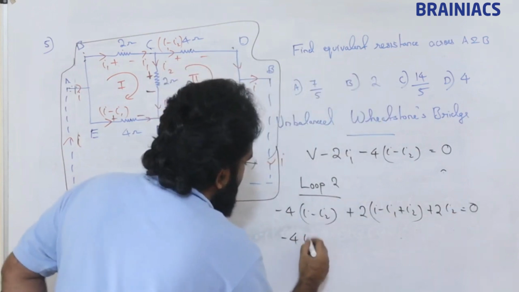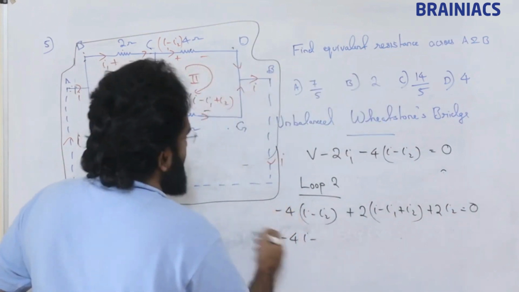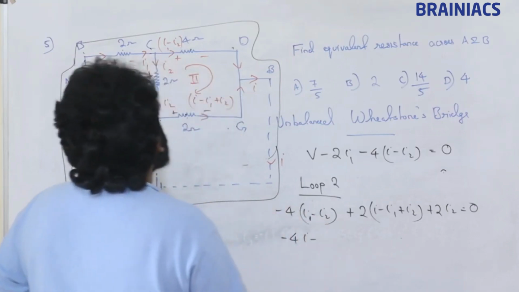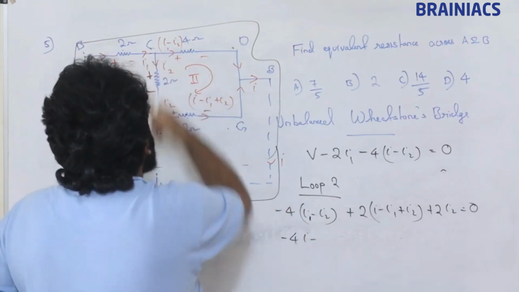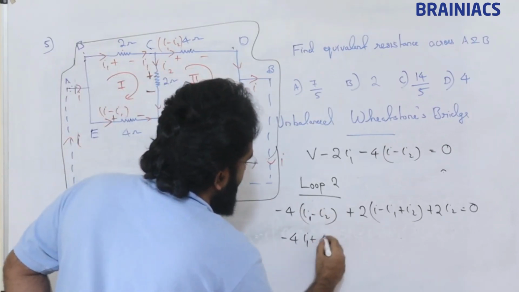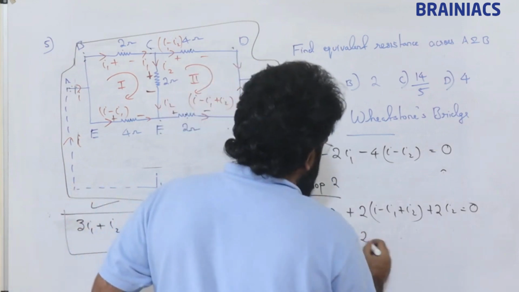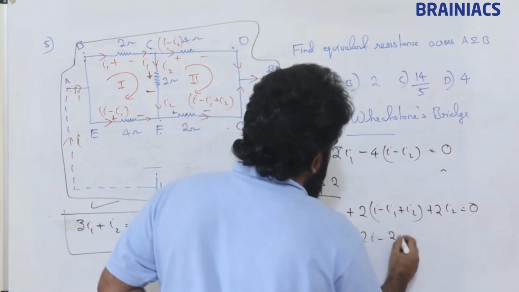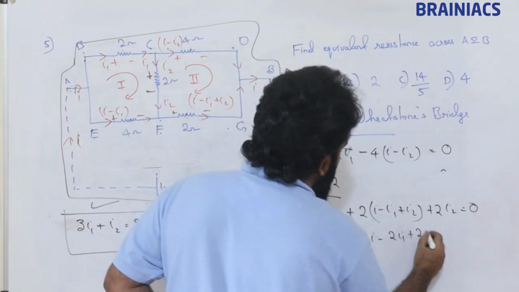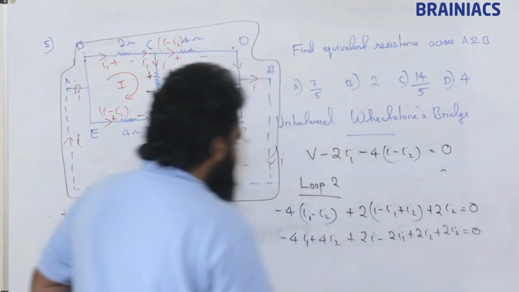Expanding, minus 4 into I1 minus I2, this is actually I1. Correct? So minus 4i1 plus 4i2 plus 2i minus 2i1 plus 2i2 plus 2i2 is equal to 0.